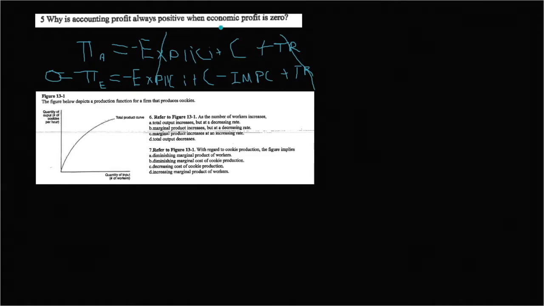So, in short, accounting profit is always positive when economic profit is 0 because of these implicit costs, because there's always a cost of something.